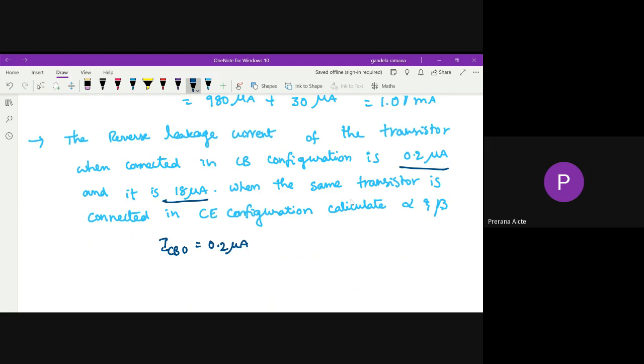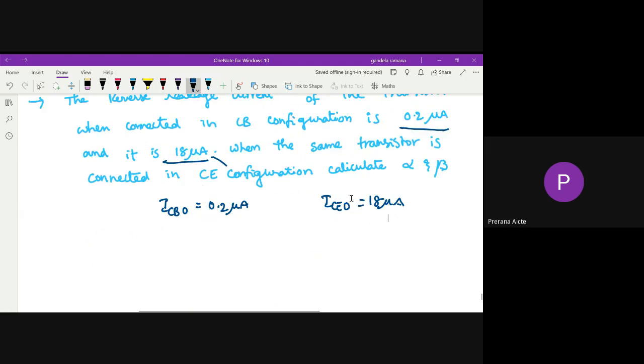So the reverse leakage current of the transistor connected in CB configuration, and when the same transistor is connected in CE configuration, ICE naught is 18 microamperes.